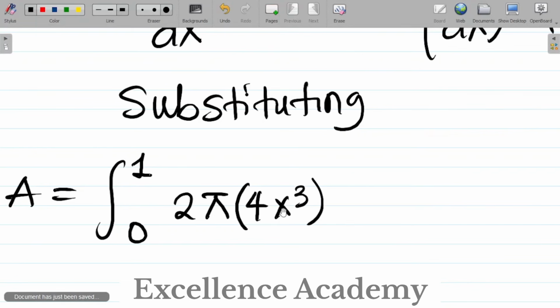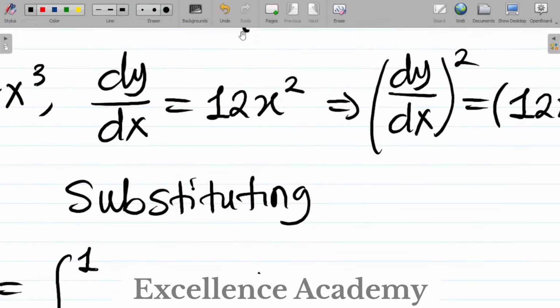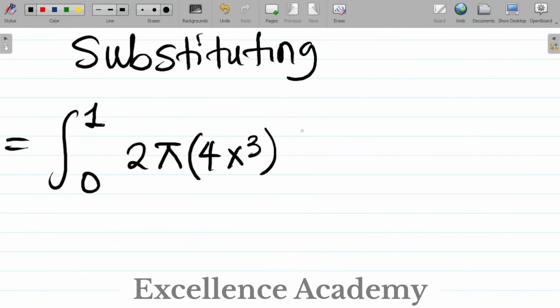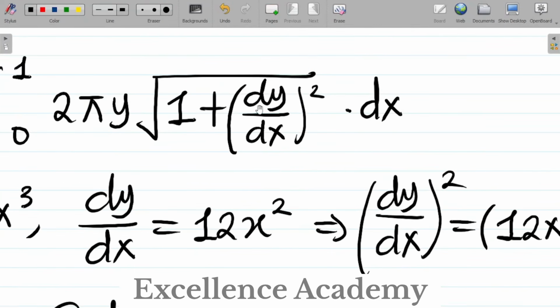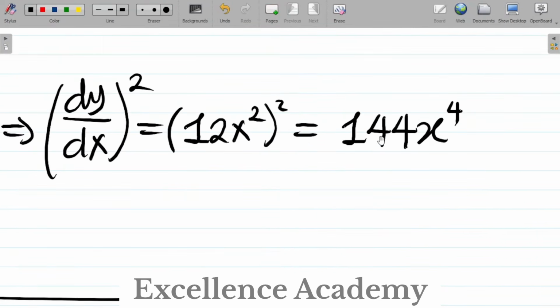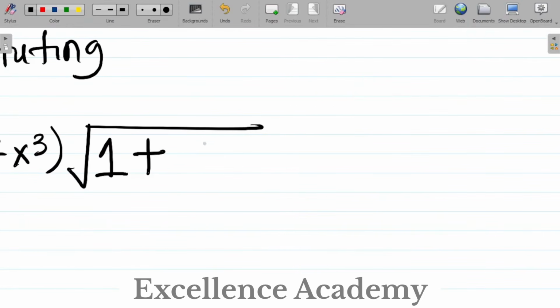So this goes into the square root of 1 plus the value of dy over dx all squared, which is 144x power 4, and then dx.